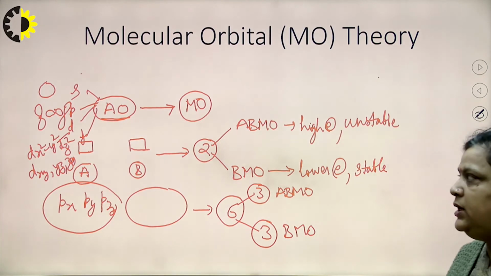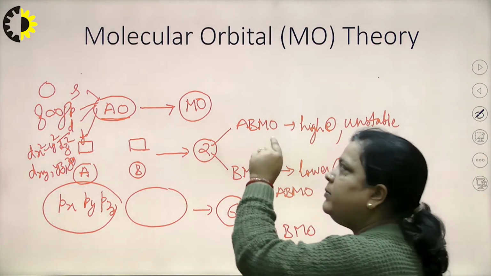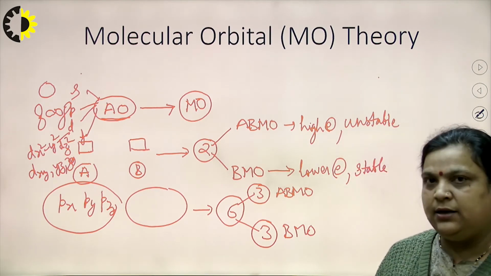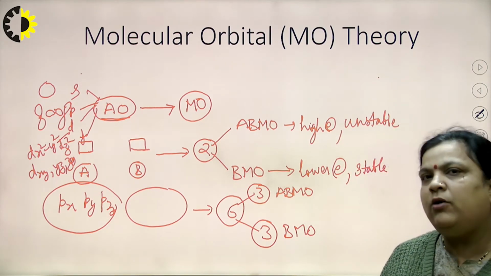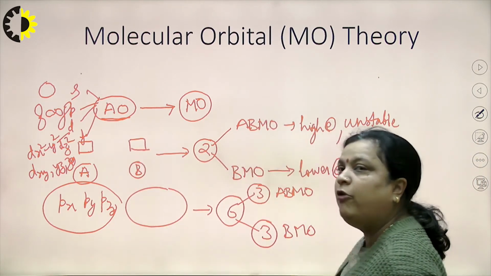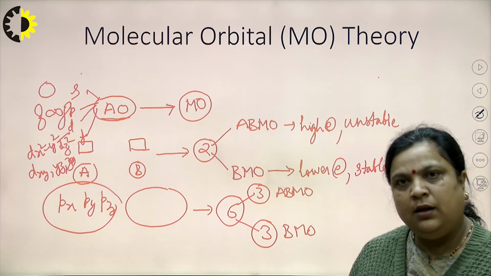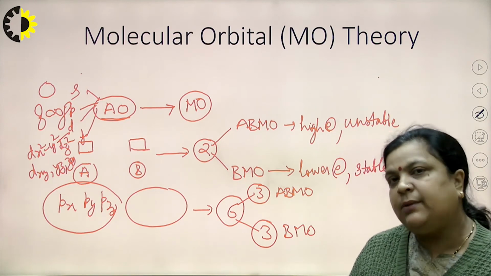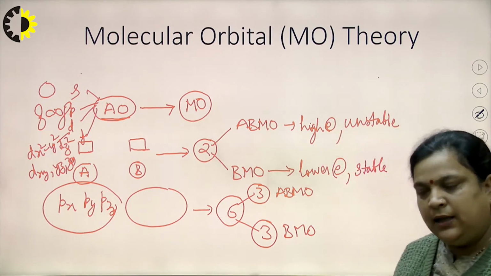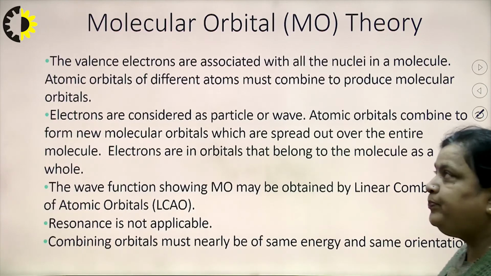Now, another point is, since the atomic orbitals get combined and form molecular orbitals of different energy, we can say in molecular orbital theory the atomic orbitals completely lose their identity and form molecular orbitals, while in VBT the atomic orbitals retained their identity.